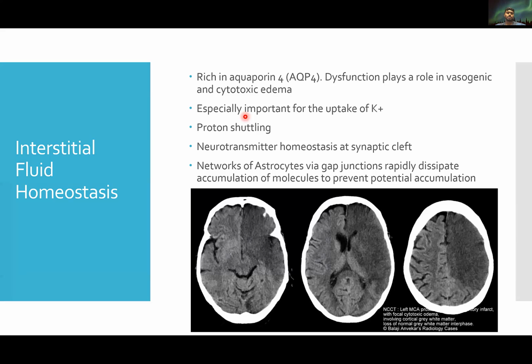Another is proton shuttling, which is very important for pH regulation in the CNS, very important for protein folding and whatnot. So if your pH balance is off, it can affect a lot of intermolecular binding, affecting the structure of proteins, and then finally their function.